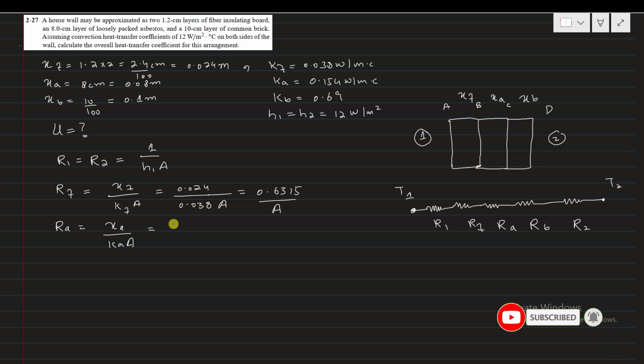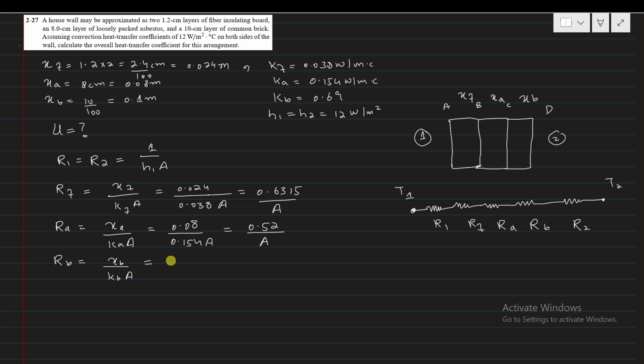So XA is 0.08 divided by KA, that is 0.15. After division you will get its value, that is 0.52 divided by A. And next is RB, common brick, that is XB divided by KB and area.